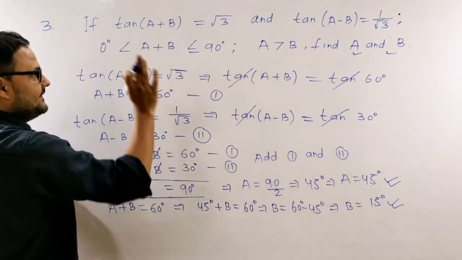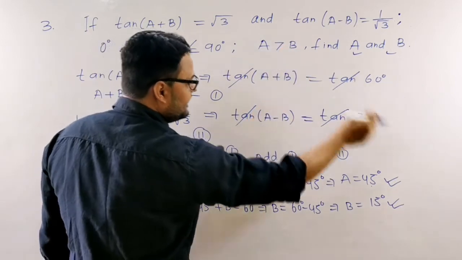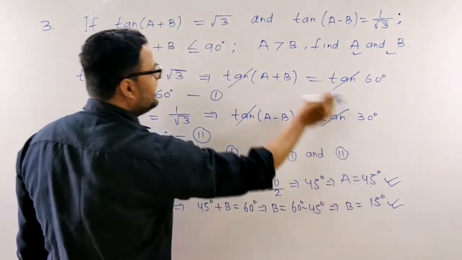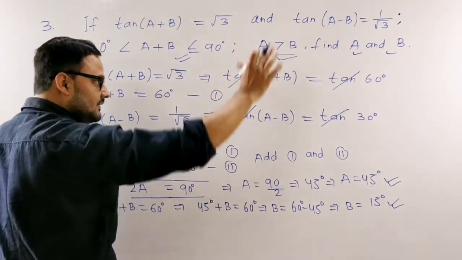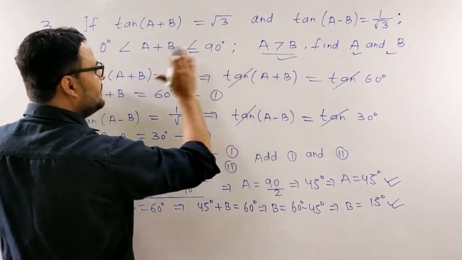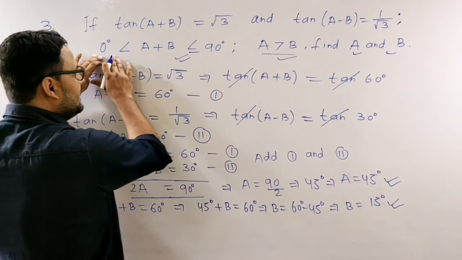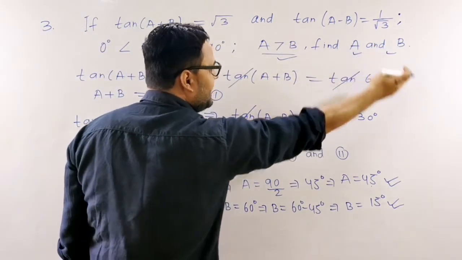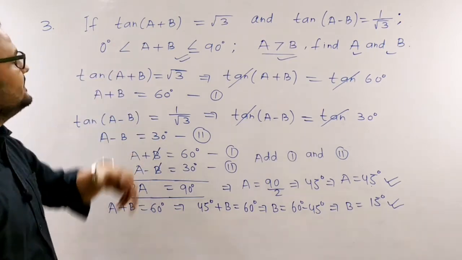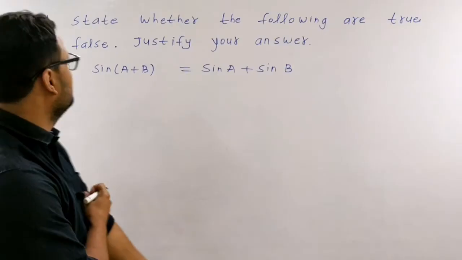The first one is satisfied. Now A greater than B: A is 45, B is 15. This is also satisfied. So whatever we had to do, we did. We followed this also, we followed this also, and we got the answer A 45 and B 15. This is the answer for the third one.